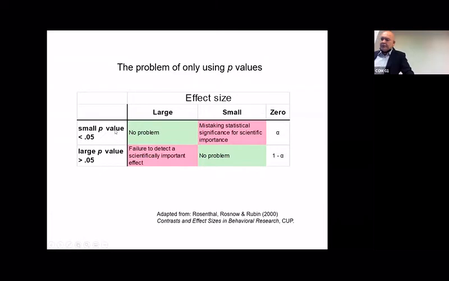Let's say we've got a small p-value, say 0.01, which means that it would be statistically significant, right? And let's say we have a large effect size. Now this is good, that's why I say no problem here. That's good because the treatment is benefiting, it's having a large effect, okay?